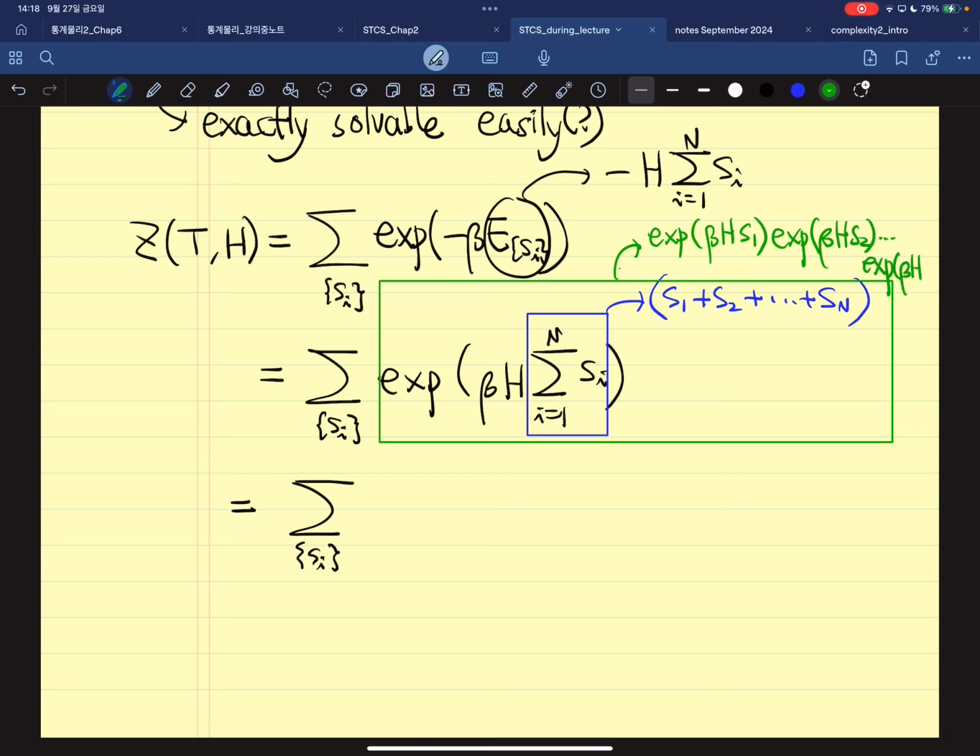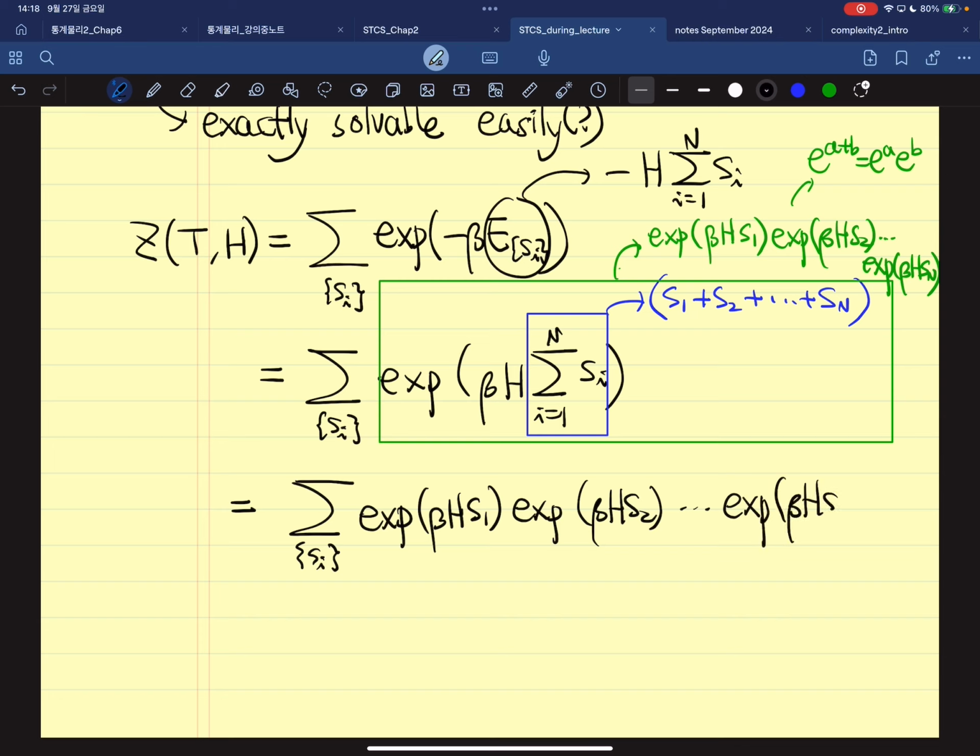So the summation becomes a product, thanks to the nice property of the exponential function. This is nothing complicated, essentially a very basic identity we learned in high school. So let's write it down as exponential beta h s1 times exponential beta h s2, etc., and exponential beta h sn.